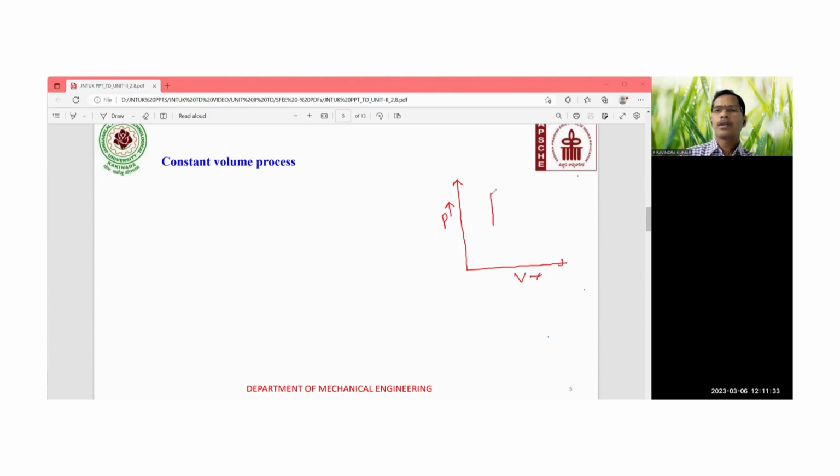If the pressure goes in this direction, 1 to 2, pressure is reduced, so it is the expansion process. And if it goes the other way, 1 to 2, pressure is raised, then it is nothing but the compression process, right?